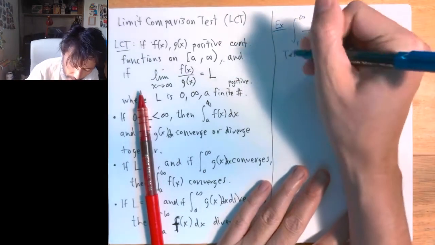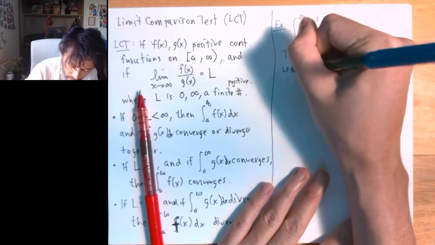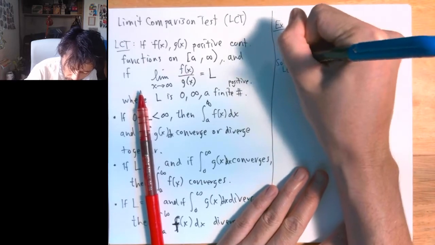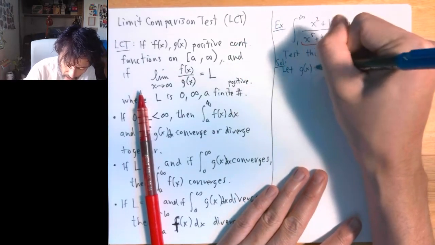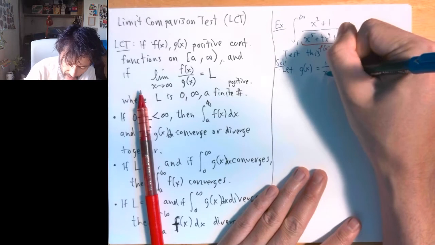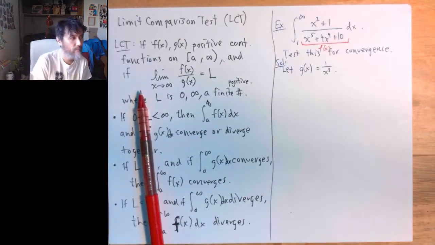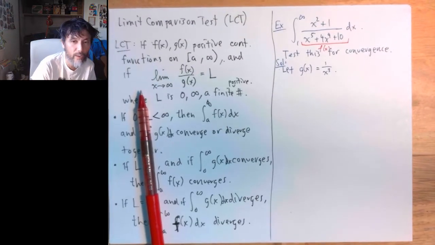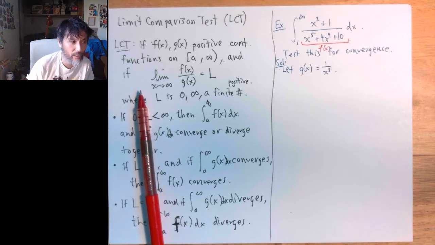So here's what I'm going to do. Let g of x, so this is my solution, equal 1 over x cubed. Now you're probably saying to yourself, why? How in the world did he come up with that? And I will explain that.